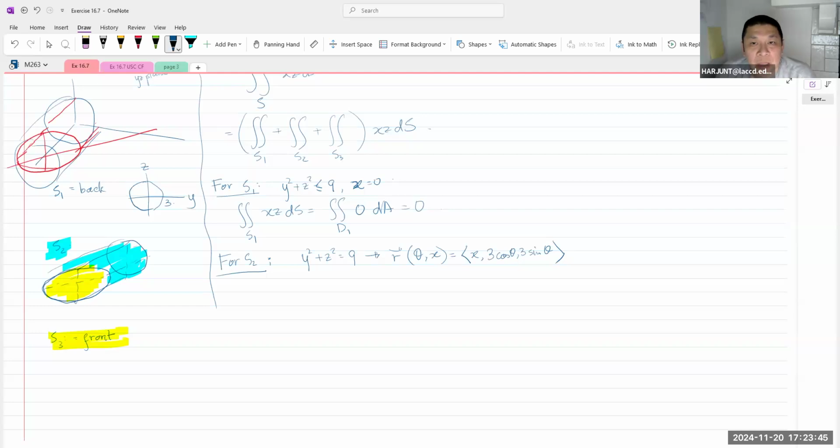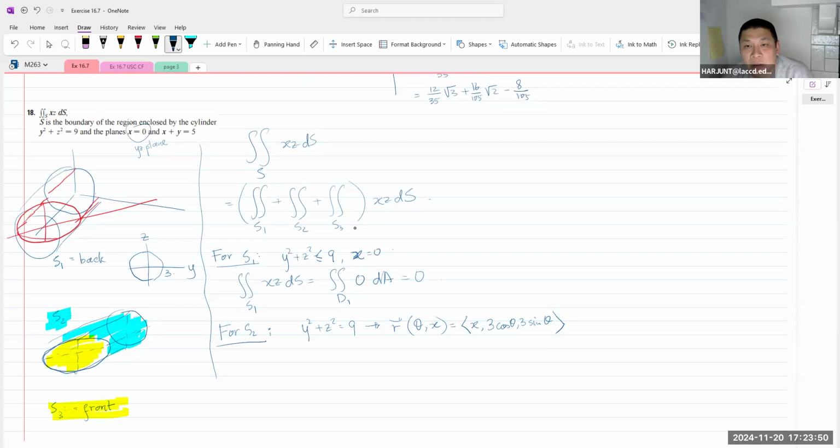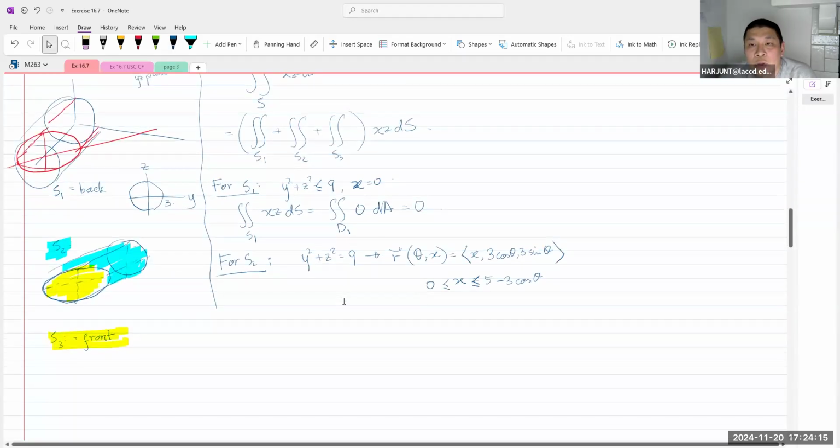Hold on, but the x has some boundary. The x has to be 5 minus y, so 5 minus 3 cosine theta, from 0.